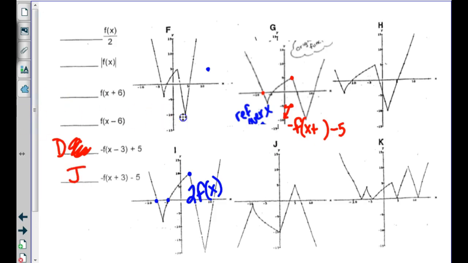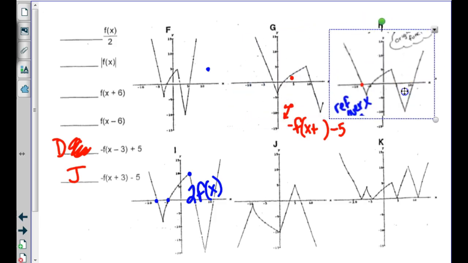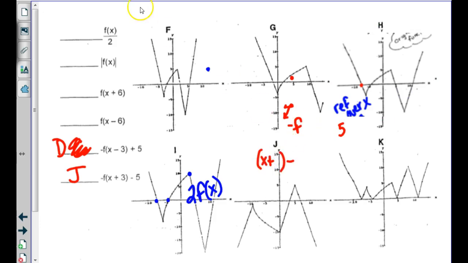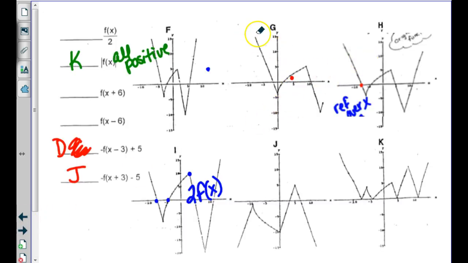Okay. Let's just erase that mess. Oh, this is all positive, so that one's easy. K is this guy. Is that all of them? All right. So I answered all of them eventually. Good luck.